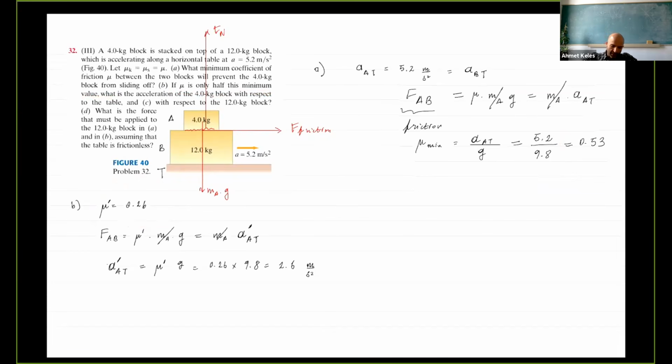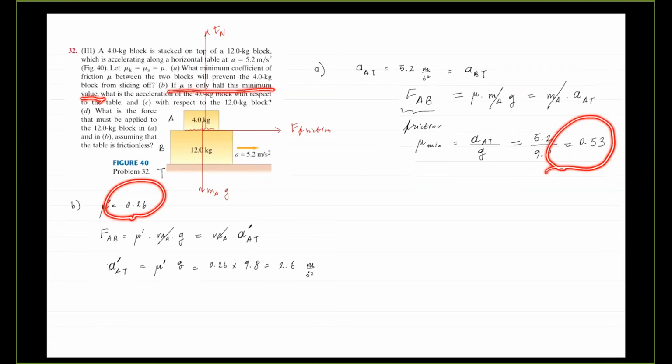So here's the problem. It says if mu is only half this minimum value, and this is the minimum value, and I just halved it. Anybody with any objections to this? Without doing that, if the mu is half, the acceleration will be half, you can say.